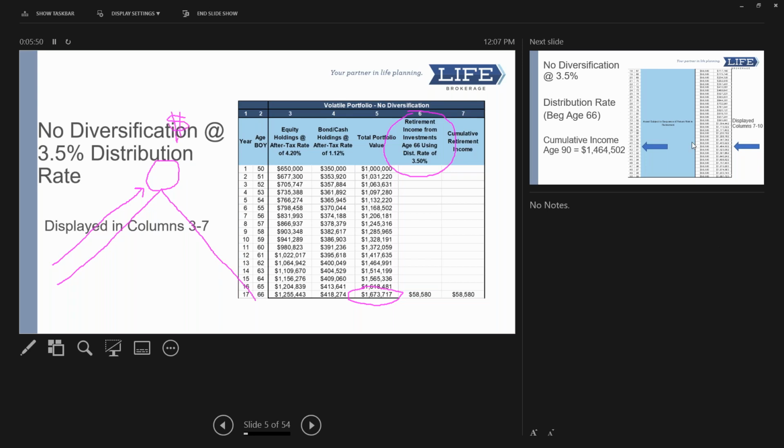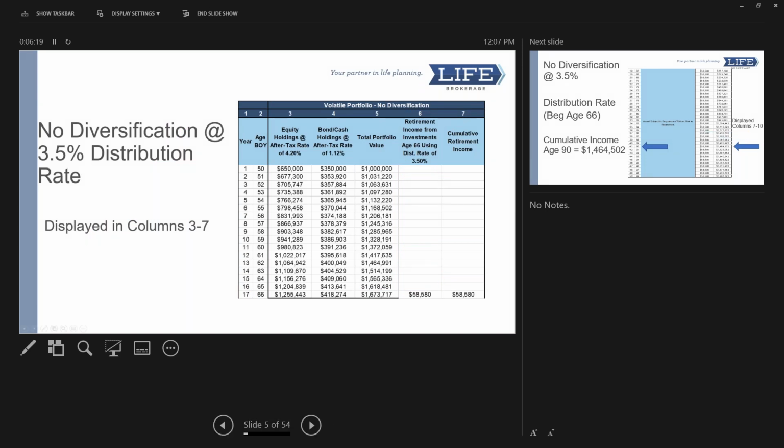So mathematics suggest 3.5% is the distribution rate that you can afford to take from your portfolio value for the rest of your life without running the risk of outliving your assets. So hopefully that makes sense to you. What that means is 3.5% on 1.6 million is $58,000 in retirement income. Somewhat straightforward.